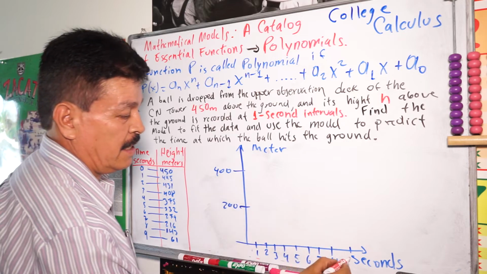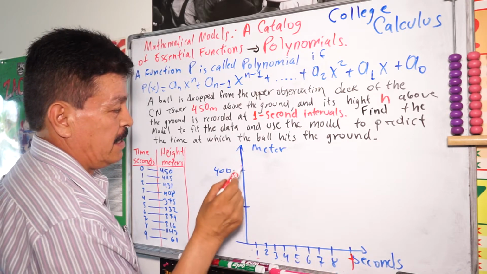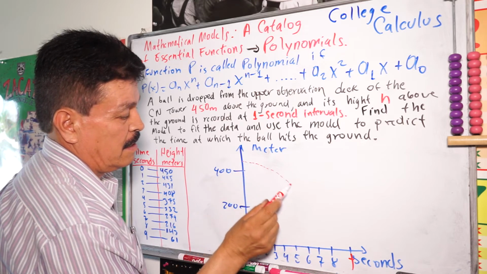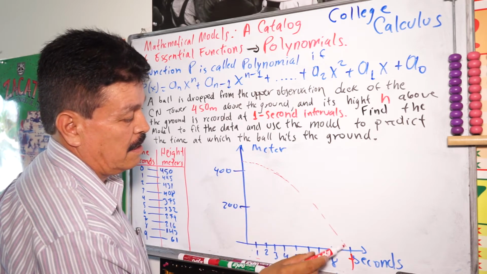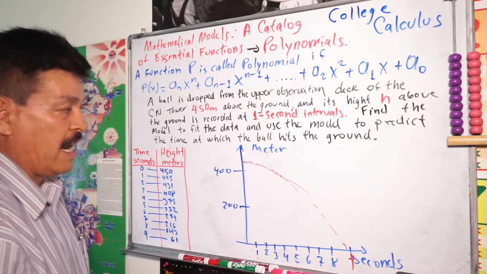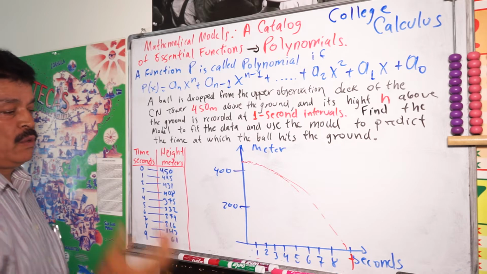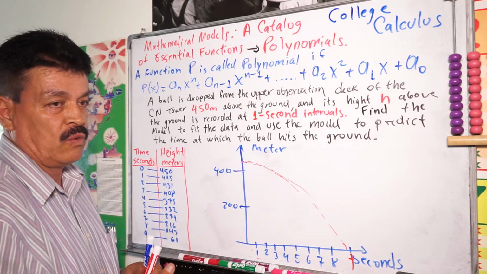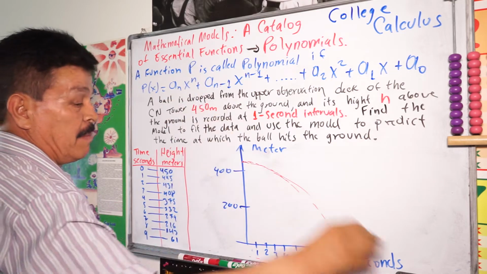So it's t here, t times. It's going to be like that, right? Our graph. You should work deep and seriously on this problem to understand how to make mathematical models.